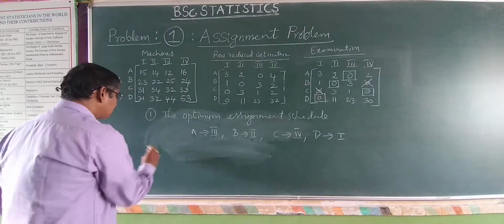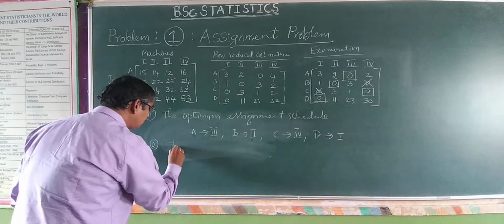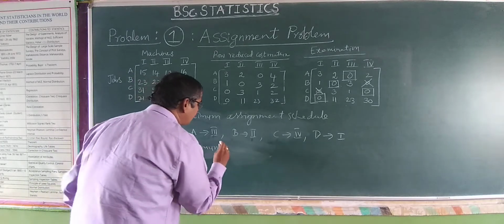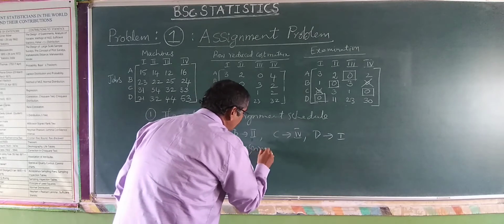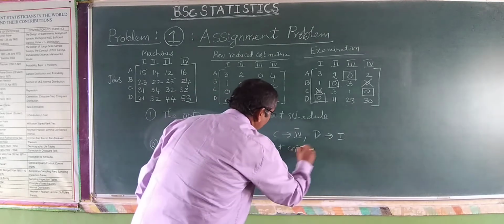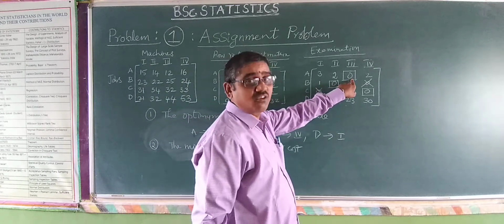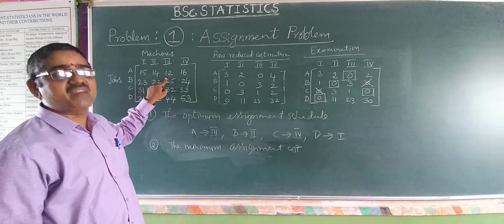Now, second point, the minimum total assignment cost, which is going to be considered. Now you refer the cost in the first matrix, the original given matrix.